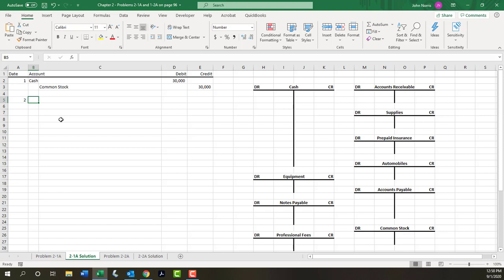Transaction B, paid January rent for office and workroom, $2,500. So this is rent expense, and we paid it in cash, $2,500.